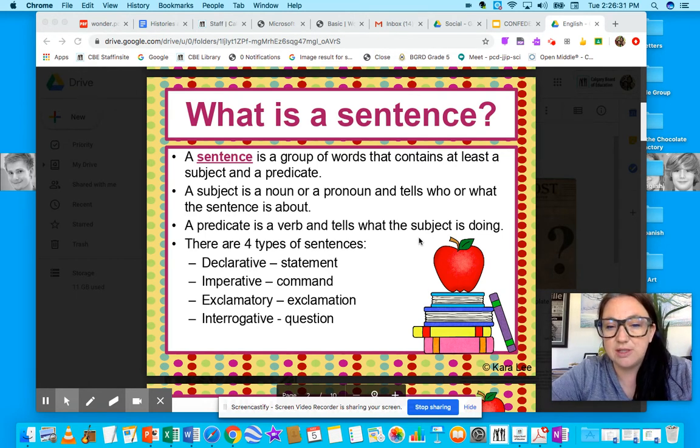A declarative, which is a statement, like an opinion. A command, which is an imperative. So, go to your room. A declarative statement is, I like to go to the mall. An exclamatory is a sentence with an exclamation. Sorry.